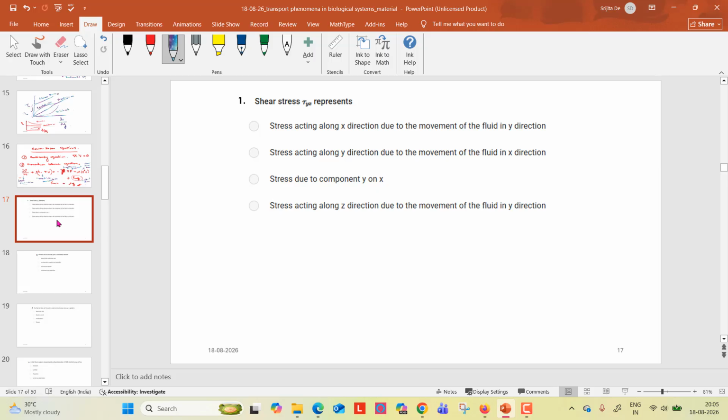Do the first question. I have just told this. What does it represent? Tell me, what is shear stress? It represents tau yx, which we have discussed.